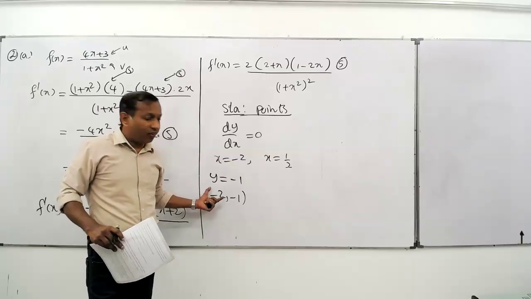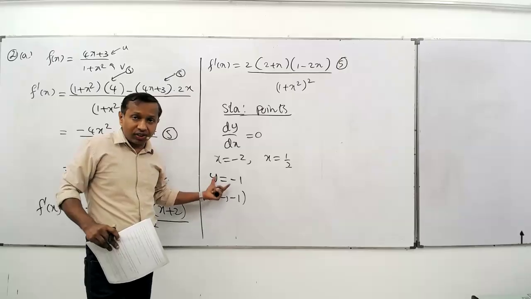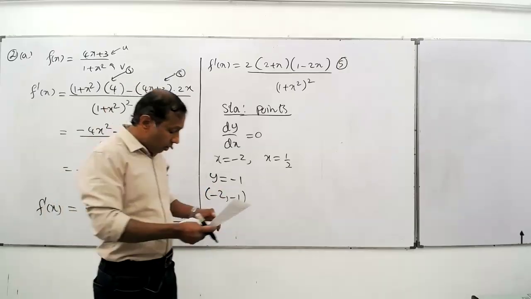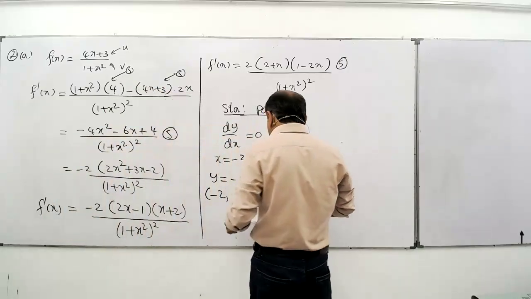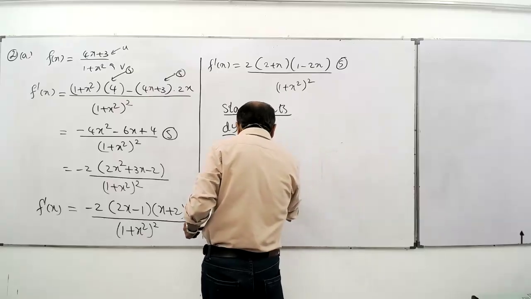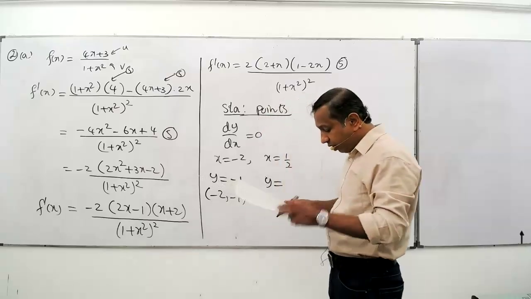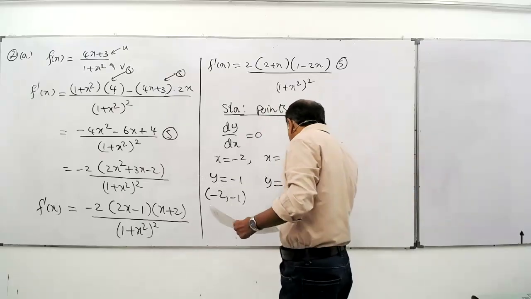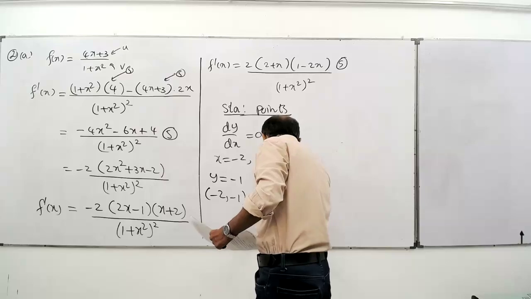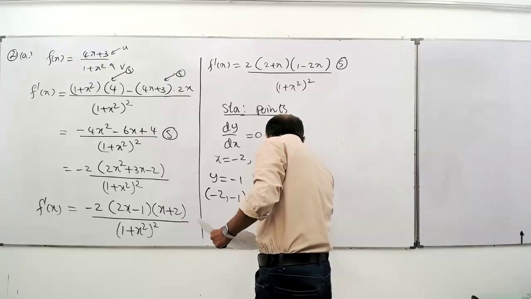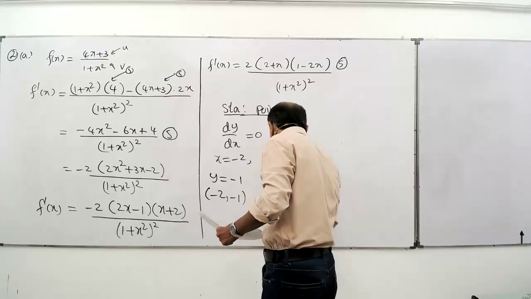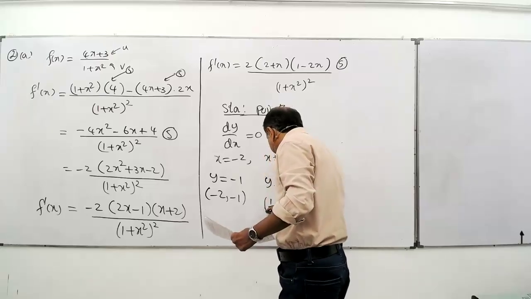So now we are really not checking your simplification ability. And for x equals half, in the same way, we get y equals 4. So therefore, the second stationary point is going to be half, 4.